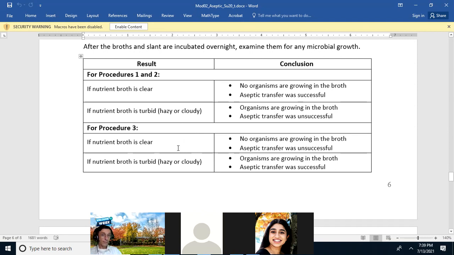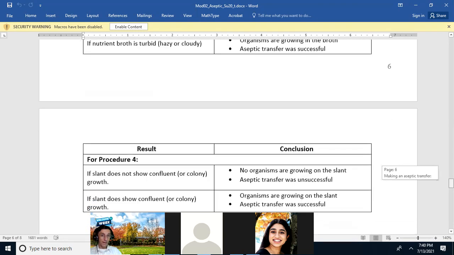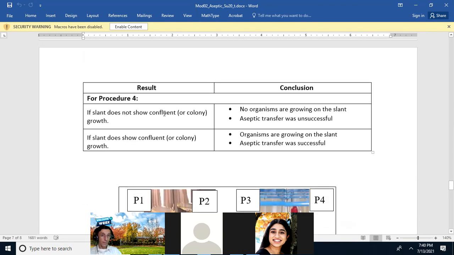If the nutrient broth is cloudy, then organisms are growing in the broth, and probably the aseptic transfer was successful. You can say it's successful if the broth is the correct color, okay? So this is the results and the conclusions for procedures 1 and 2 and procedure 3. And then for procedure 4, the results and the conclusions. So use the table to write up your conclusions.